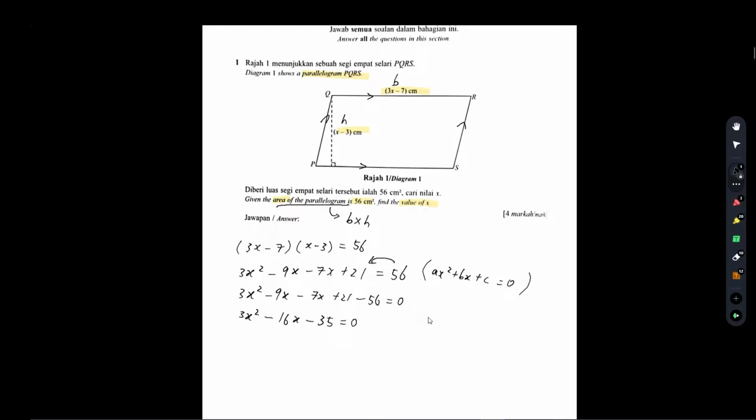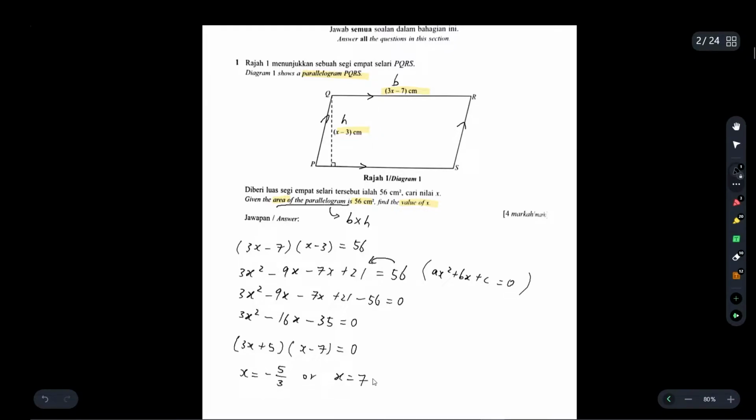After we input all the values, we'll get the first answer 7, and the other one is negative 5/3. So we will have x equals negative 5/3 or x equals 7.